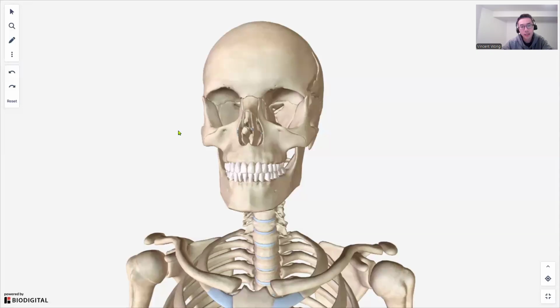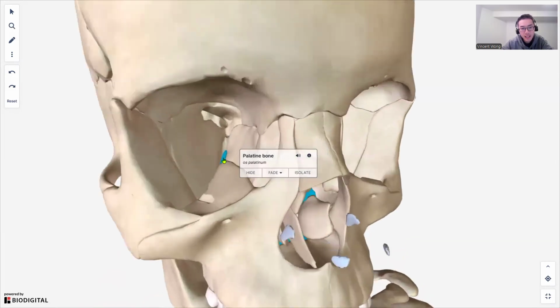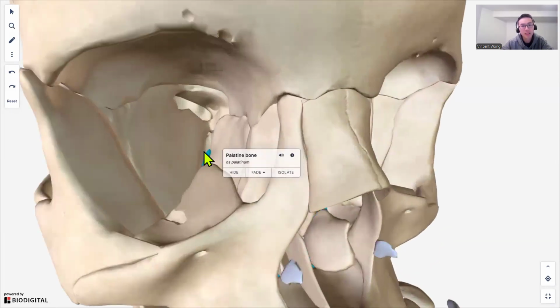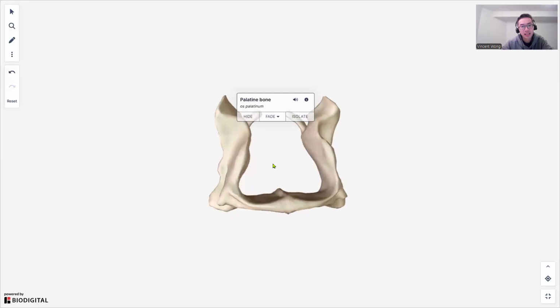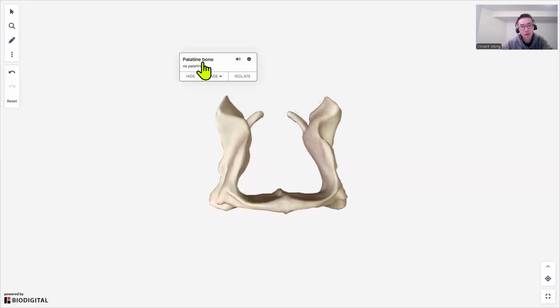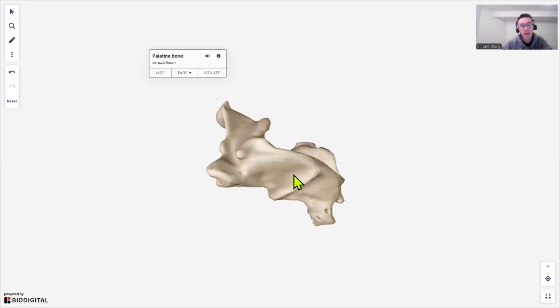All right, so here's the 3D model, the palatine bone. Right there, it forms just a tiny knob of your entire orbit. But if we isolate it, you can see the palatine bone actually forms a U shape, and this is going to be the posterior portion of your hard palate.